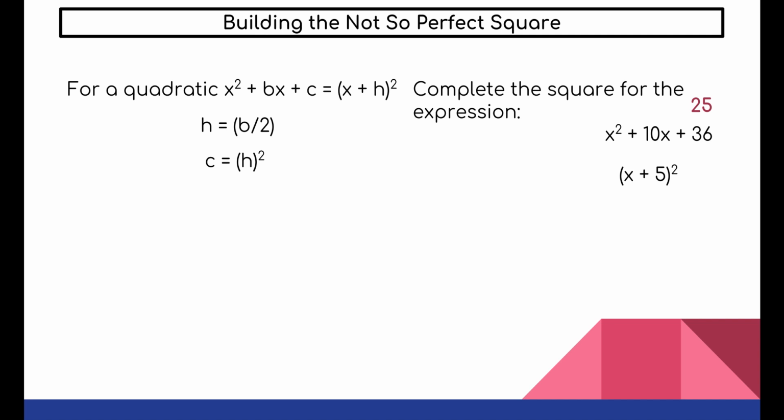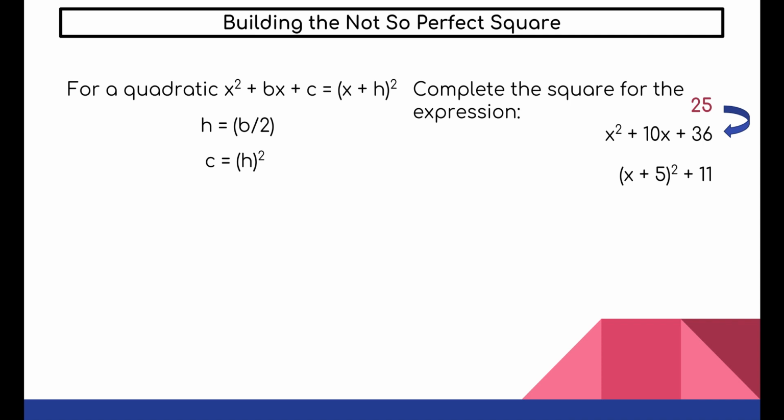So the question is, do we have more tiles than we're supposed to have or less? We're supposed to have just 25 exactly, but we have 36, so we have more tiles. So how do we get from 25 to 36? And the answer is we add 11.